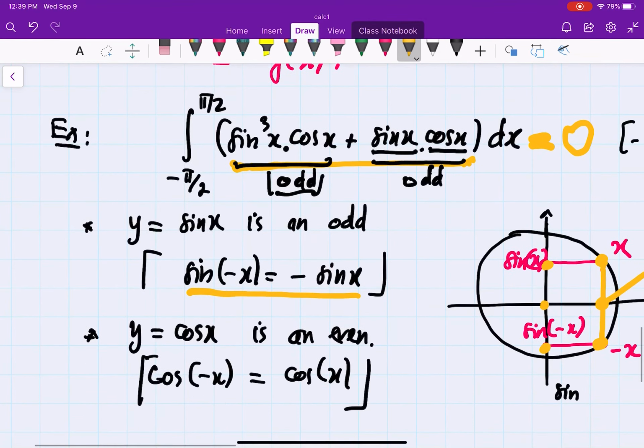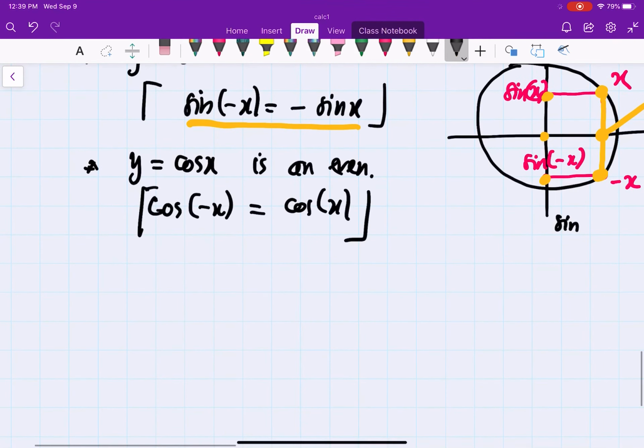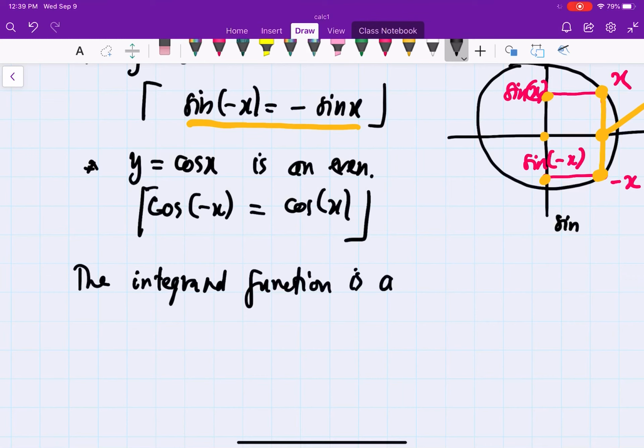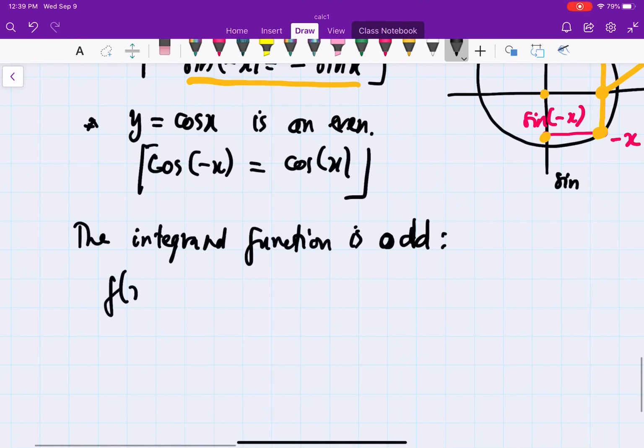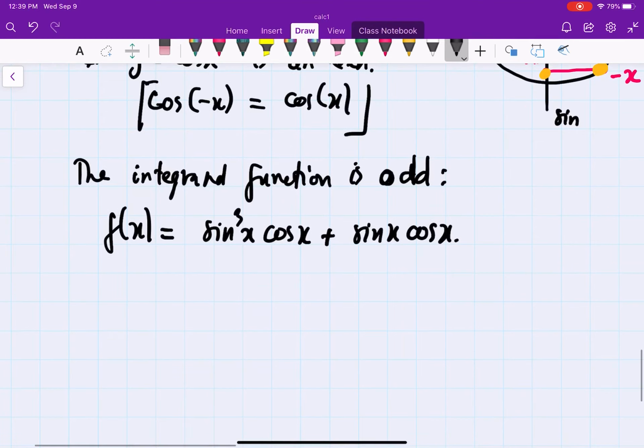Okay, so let's show that the integrand function is odd. Our function is f of x equal to sine cubed x cosine x plus sine x cosine x.